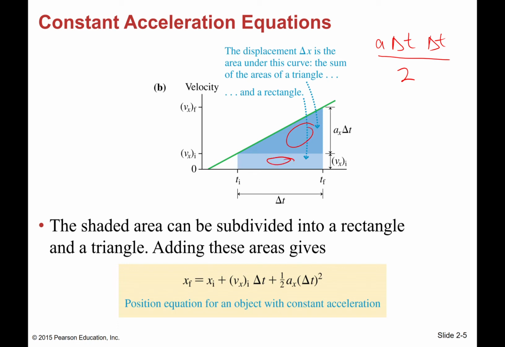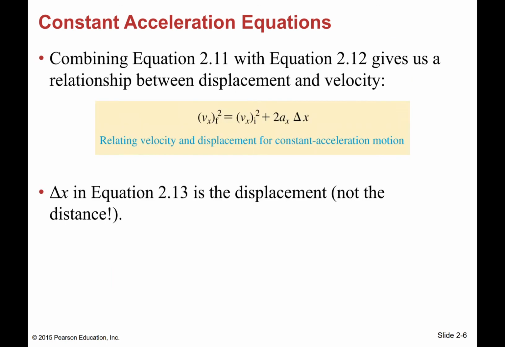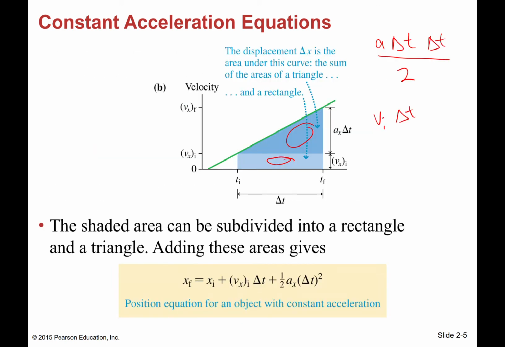The area of this rectangle is Vi, which is this length here, times delta T, right? So then the total area is Vi delta T plus a delta T squared divided by 2.